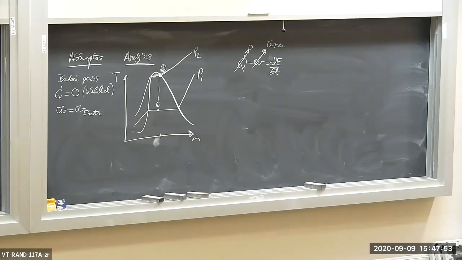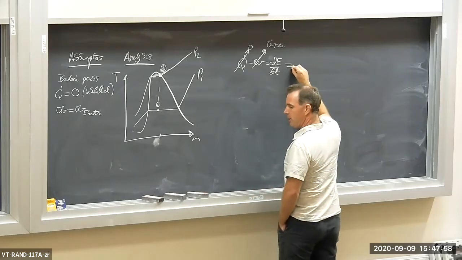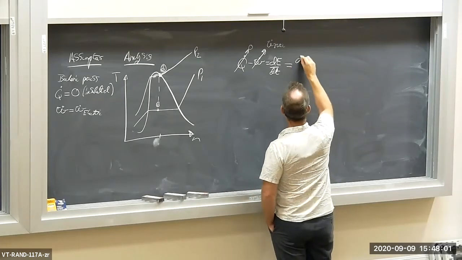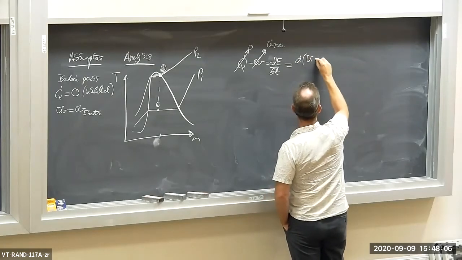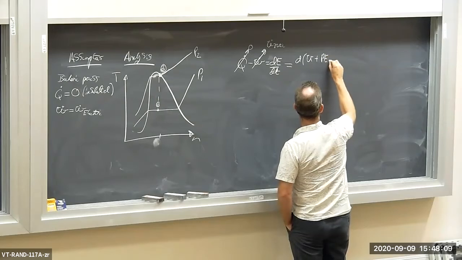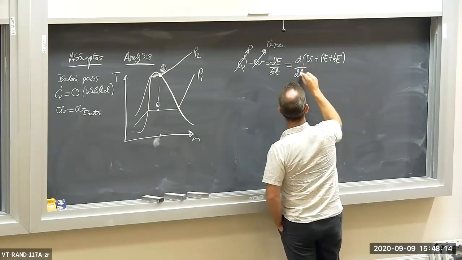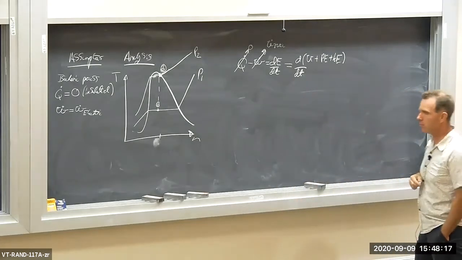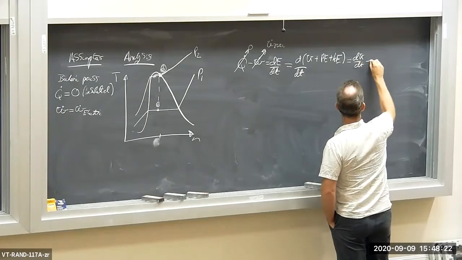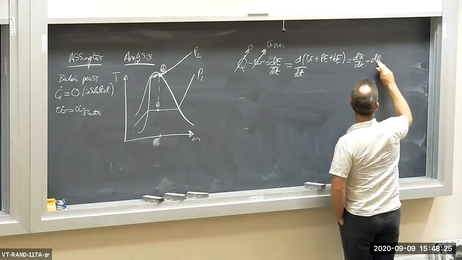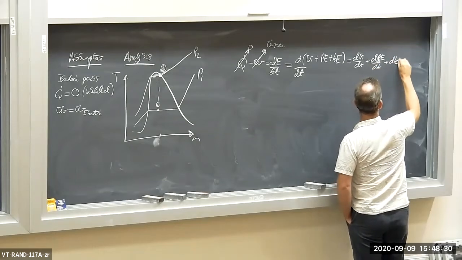Now, total energy is U plus PE plus KE. So this dE dt is the change in internal energy plus the change in potential energy plus the change in kinetic energy of the system. Okay? And of course, you can go through and take these derivatives and you get dU dt plus dPE dt plus dKE dt.